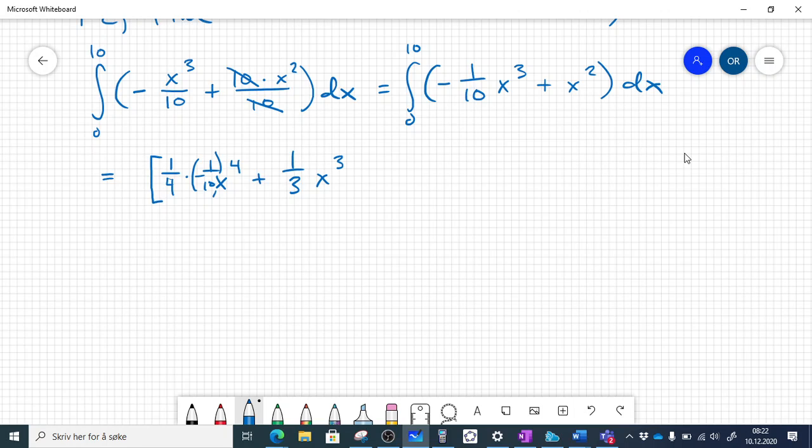If we differentiated this, you would see that from this you would get x squared. And then now we put the boundaries on the other side here. And that's it. And we can simplify it a little bit more. So this is going to be minus 1 divided by 40, x to the power of 4, plus 1/3 times x to the power of 3.